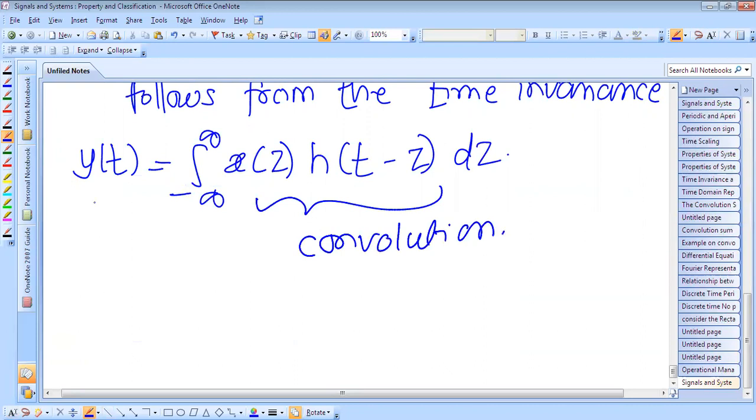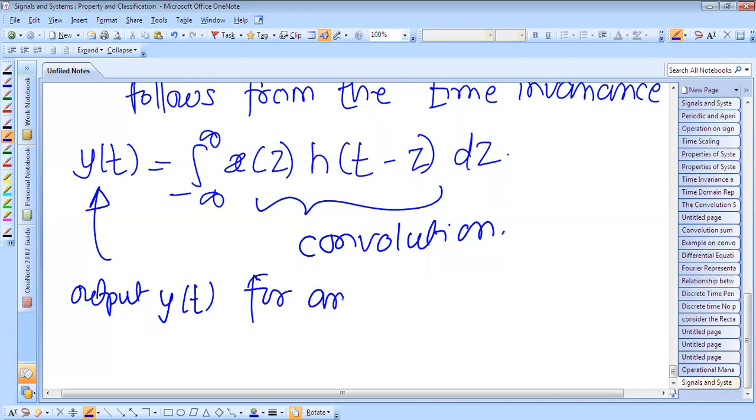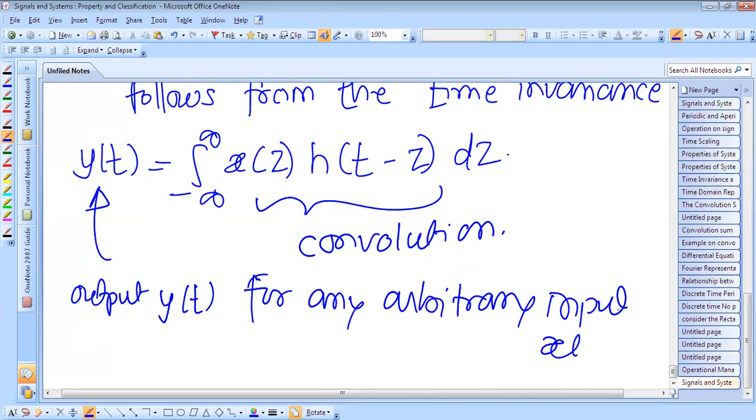And this is the output of the system, output y of t for any arbitrary input x of t.